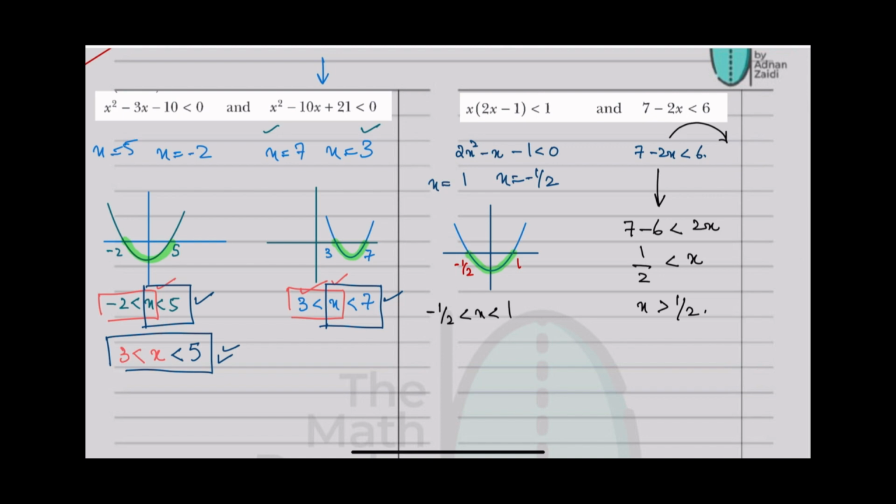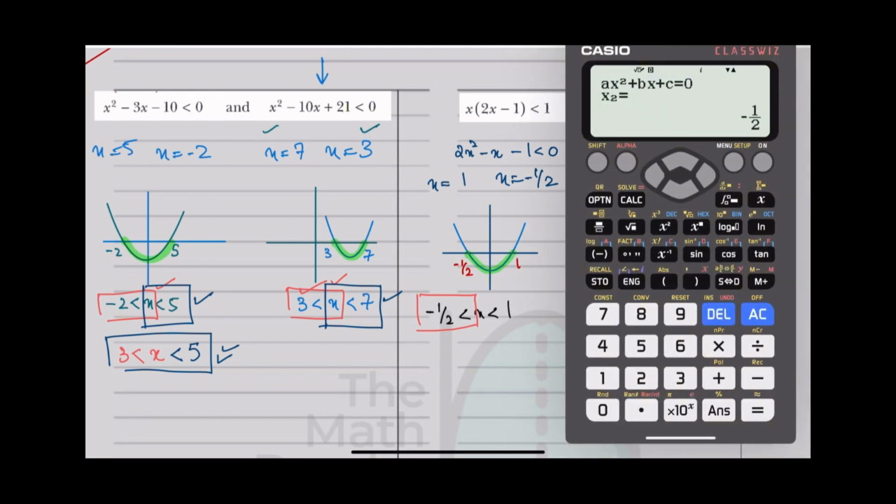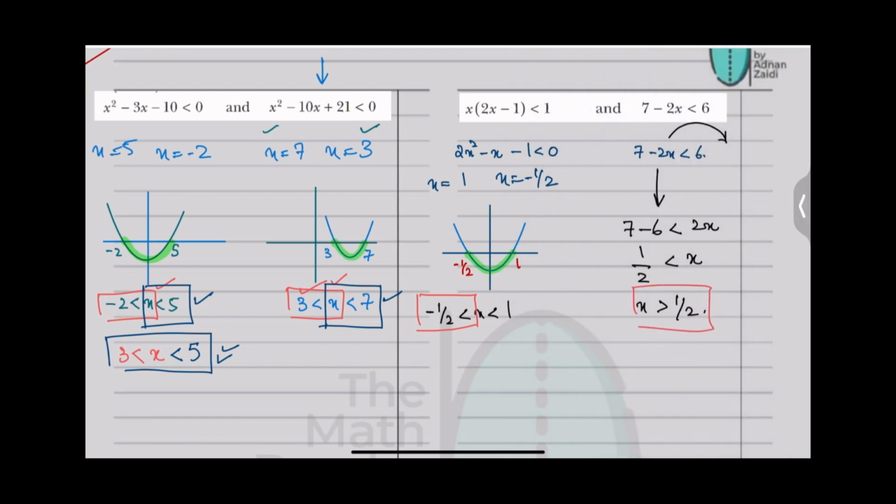Now, let's look at this part. This is just a one-sided inequality. X is greater than half, then x is greater than negative half. If you say x is greater than negative half, it will cater to some negative values as well. But if you only look at this one, it says that x is greater than half, so this inequality will not be true in this scenario.